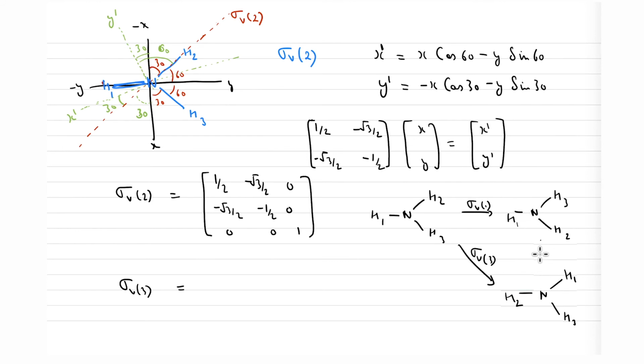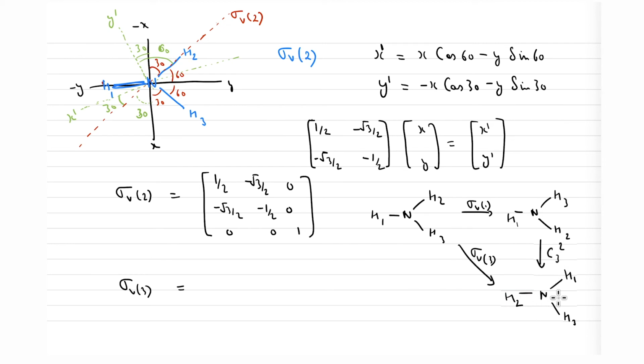Now if I want to go from here to here and identify the factors of sigma v3, all I have to do is see H3. So I have to take H3 here, and then H1 here and H2 here. That tells me it's a C3 square rotation anti-clockwise, right?